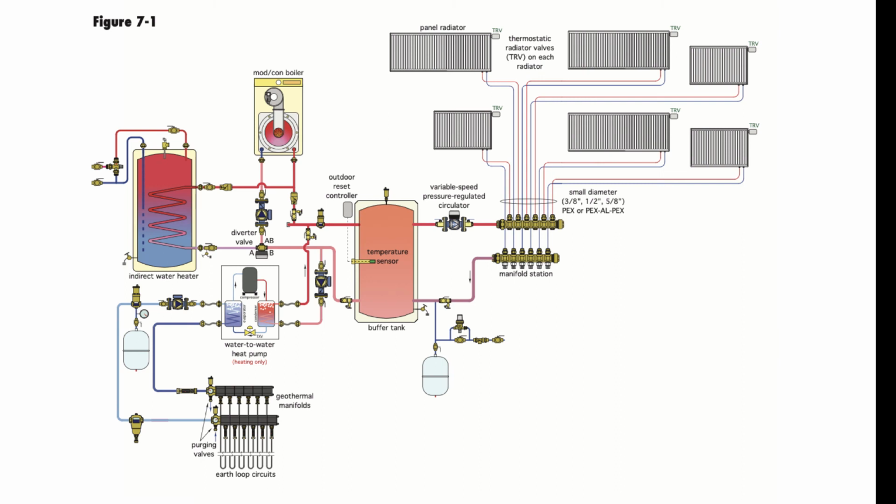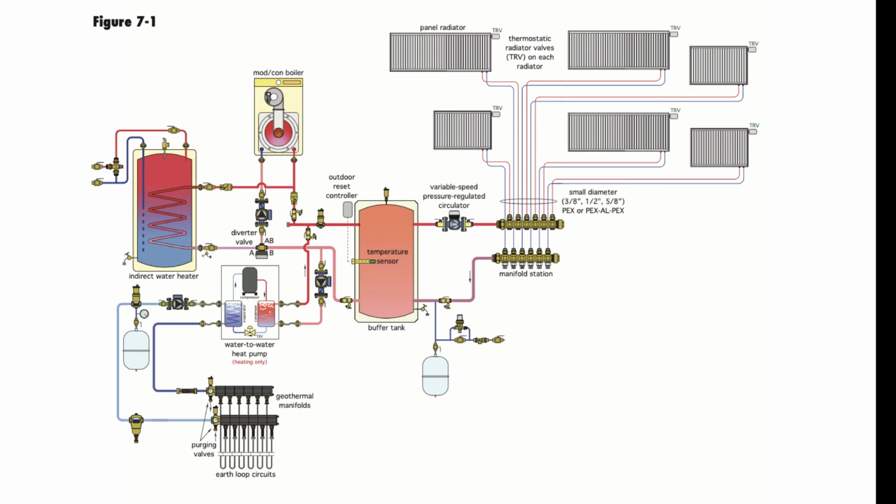Figure 7-1 shows a hybrid system. It utilizes the ground source heat pump for base loading of the heating needs of the building, and it also provides cooling if necessary. The staging of this system is essentially done by a control that once the water temperature from the ground source heat pump is exhausted, and it's typically 115 degrees, then the boiler turns on and picks up where the ground source heat pump left off.